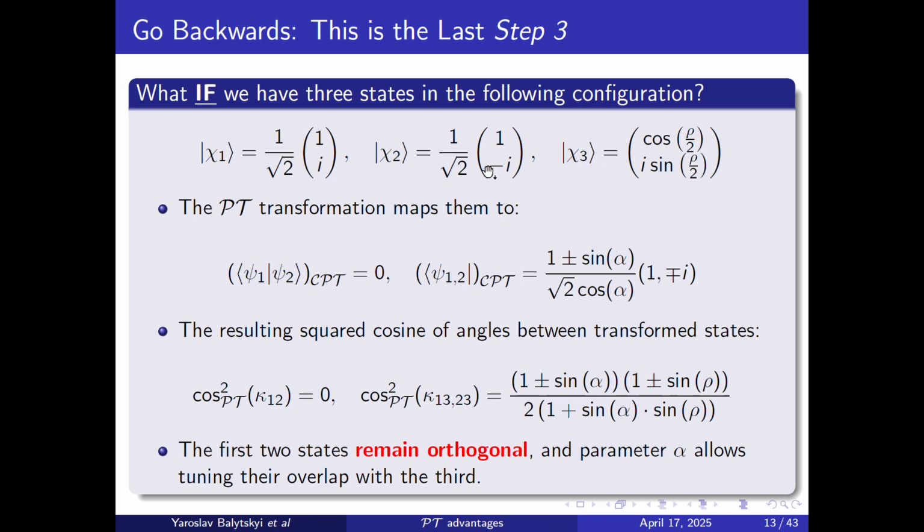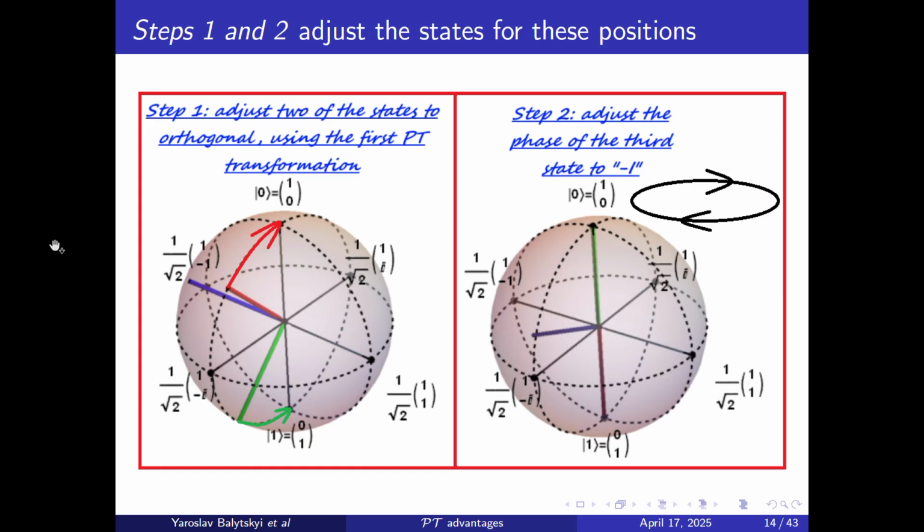So basically, how is it done? You take two of three states, which can be completely arbitrary, and you put them on this phase, plus or minus i. So basically you are putting it here, right? And after that, you apply the first PT-symmetric transformation, which maps them to the north and south poles.